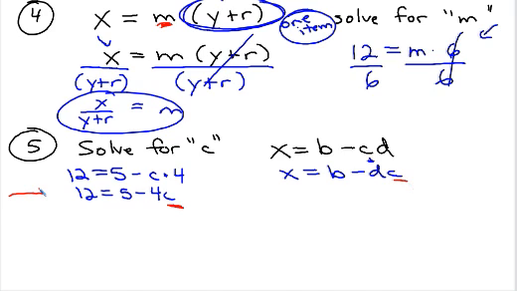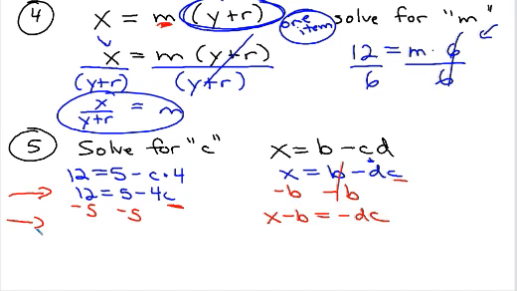What would I do over here if I was going to solve for c? Wouldn't I subtract 5? So over here, I'm going to subtract b. So now I have x minus b equals, the b's canceled on this side, negative dc. And if I was doing this problem over here, I would have that 7 equals negative 4c.